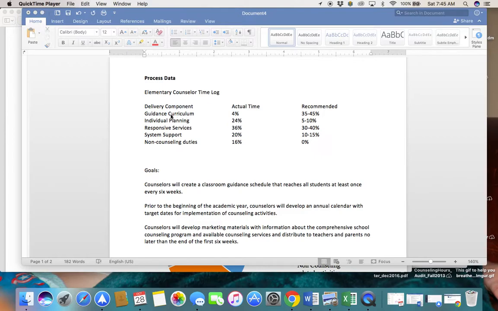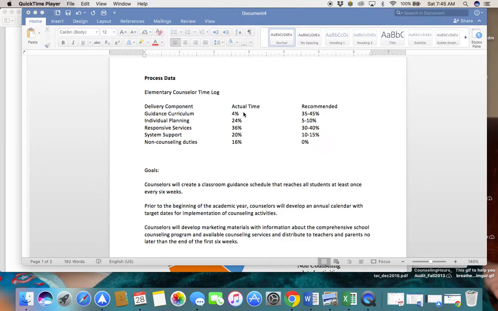Her guidance curriculum also, she thought that was small group. Remember, guidance curriculum is what you deliver to all students. If you're doing small groups, those are going to be in responsive services because those students have been identified as needing more.